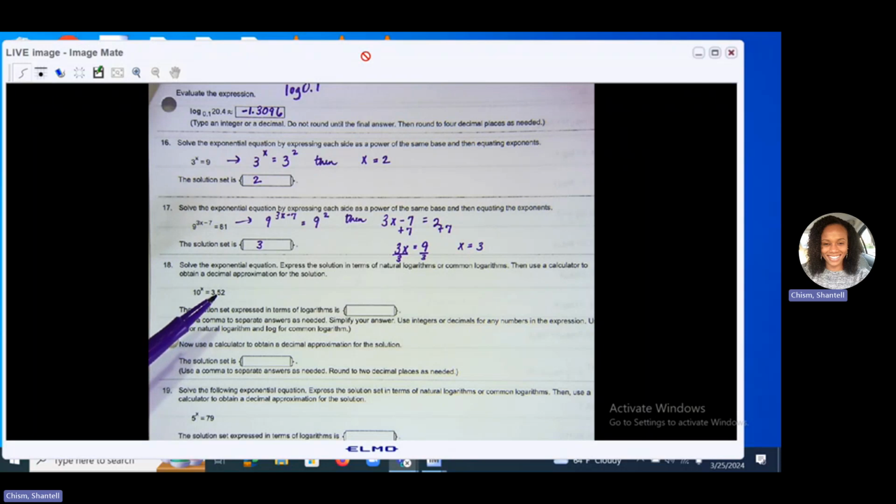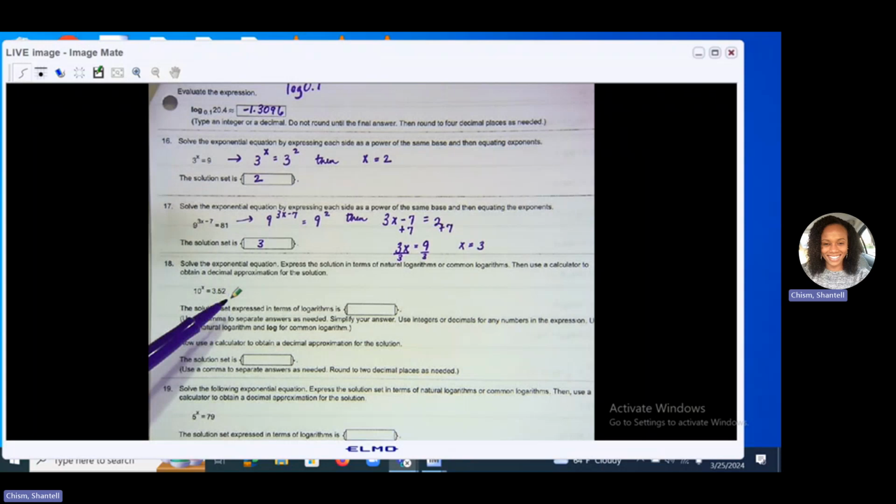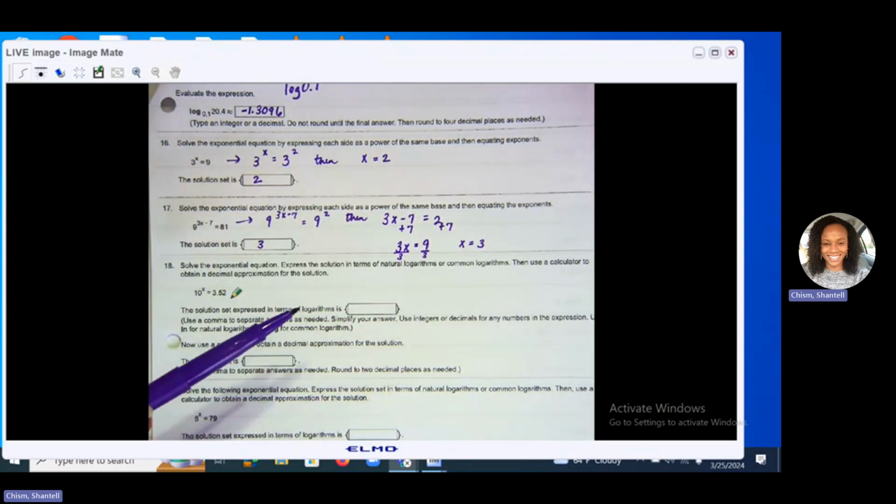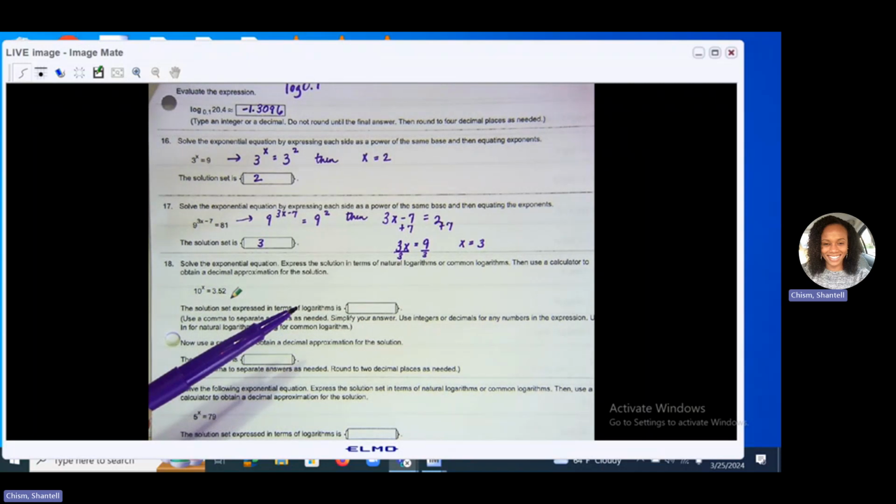So what we're going to do here instead is apply a principle where we are either applying common logs or natural logs to both sides. Okay? So 10 to the x equals 3.52.